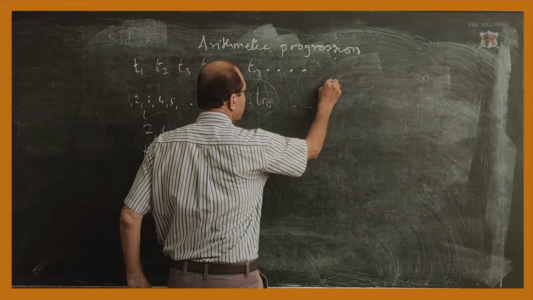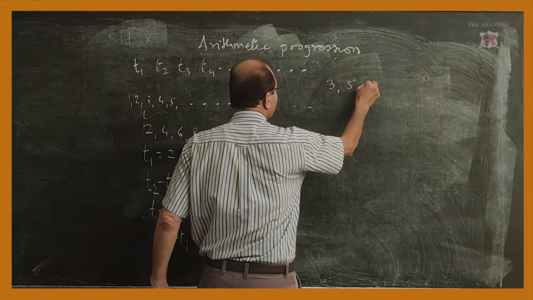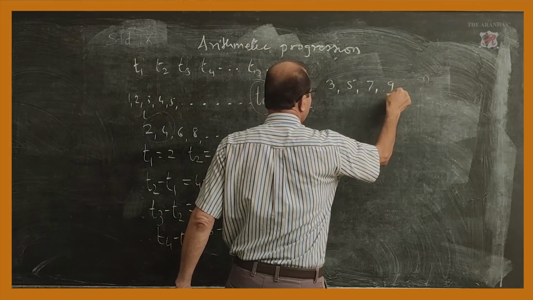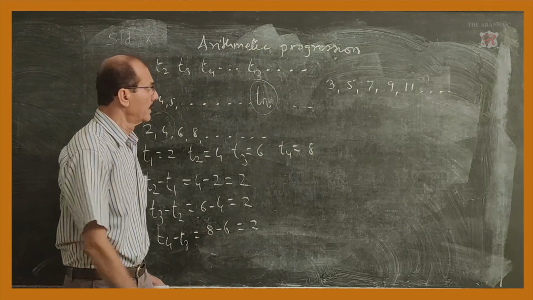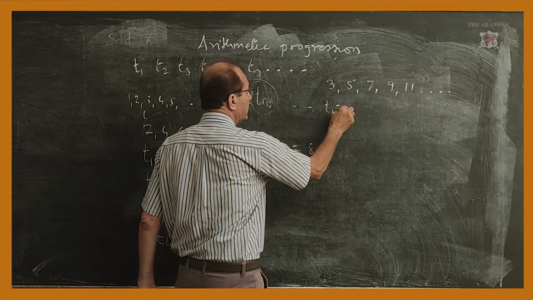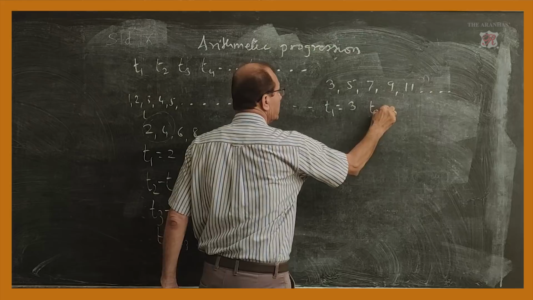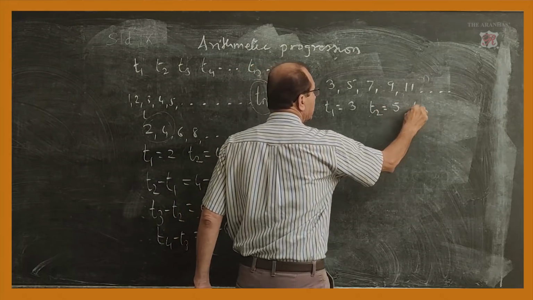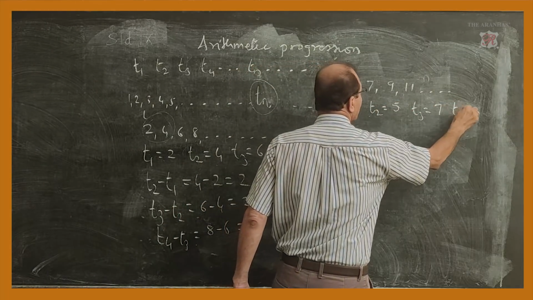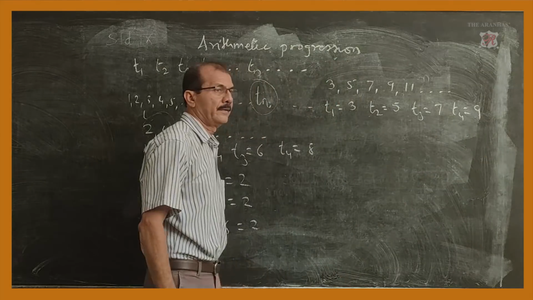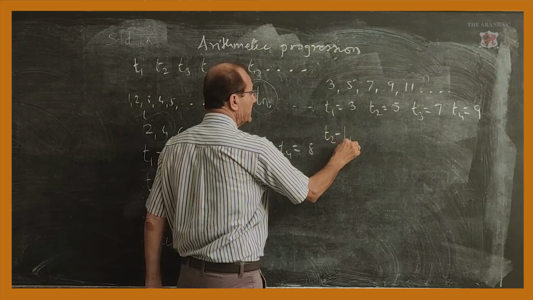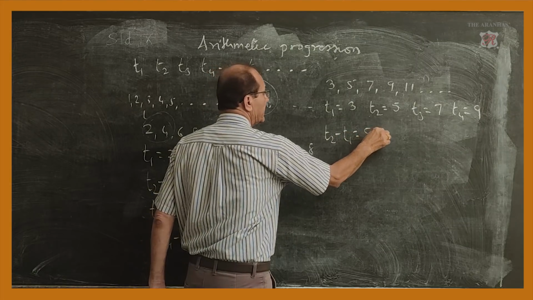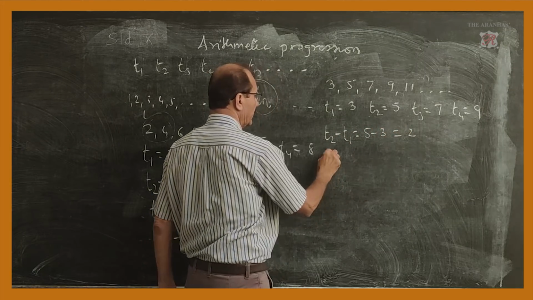We take one more example. I will take, say, 3, 5, 7, 9, 11 and so on. What is my T1 here? My T1 is 3, my T2 is 5, my T3 is 7, my T4 is 9. Again you find the difference. T2 minus T1: 5 minus 3, which is 2.